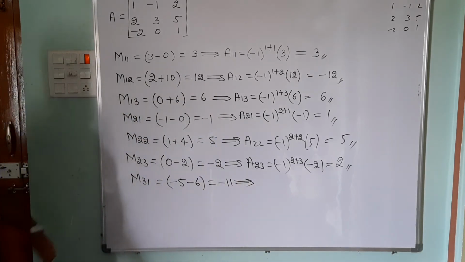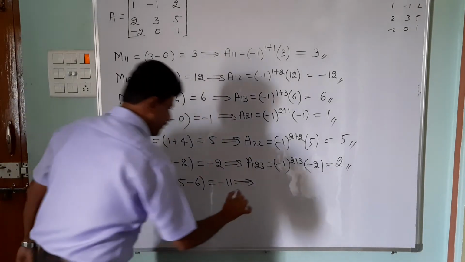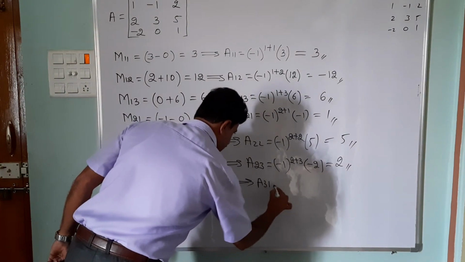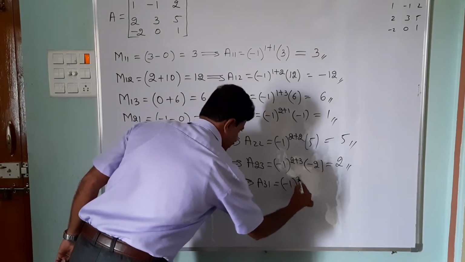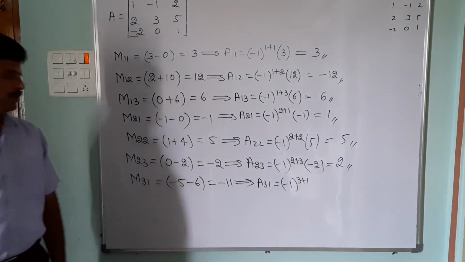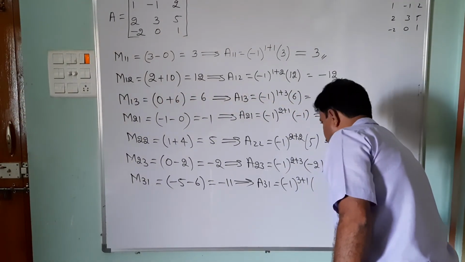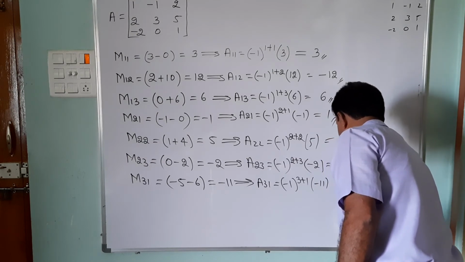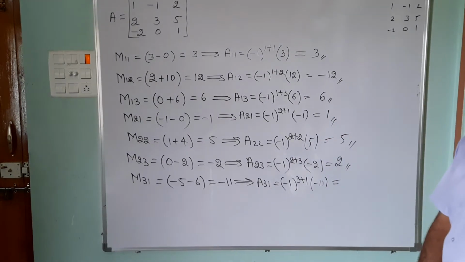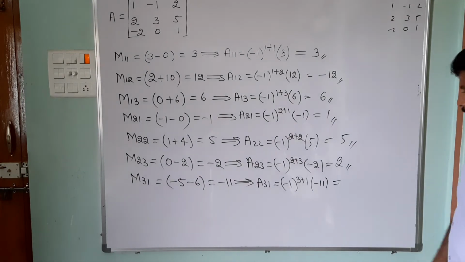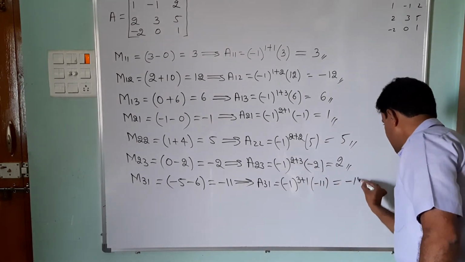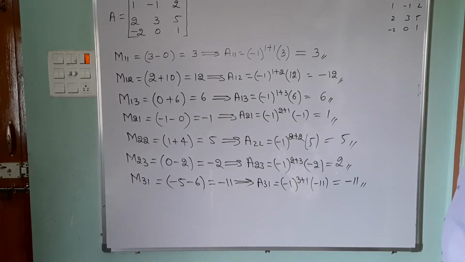Then a31 is equal to minus 1 to the power of 3 plus 1 into that result, minus 11. 3 plus 1 is 4, which means positive, so plus into minus, minus 11. Then the cofactor of minus 2 is minus 11.